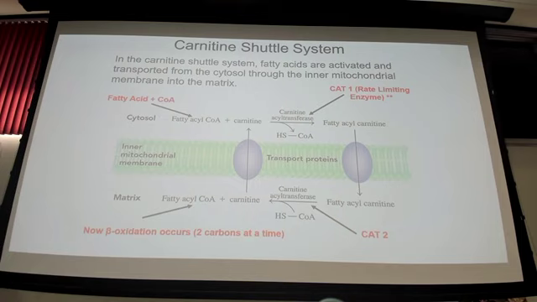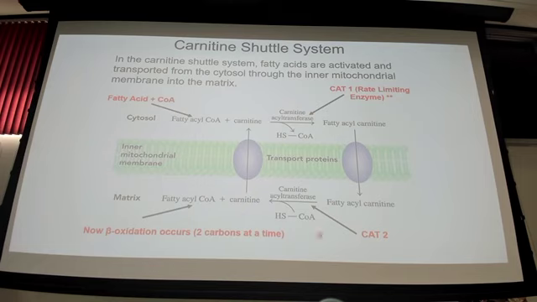So fatty acyl-CoA, that process will remove the CoA and add a carnitine moiety, which will then allow the fatty acyl group to enter the mitochondrial matrix through a carnitine transport shuttle system. And that is catalyzed by carnitine acyltransferase 1. This is the rate limiting step of this system.